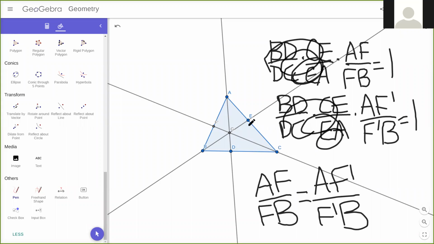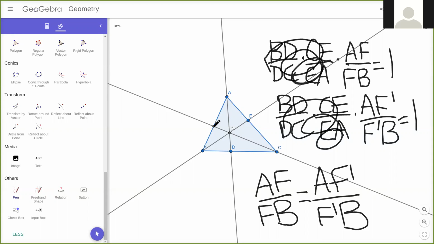And then we said, how does this F compare to the F prime for which AD, BE, and CF prime are concurrent? If they are concurrent, then we have the same property. And so ultimately we found that the ratios are equal. So it ends up that F prime is the same point. So F equals F prime.